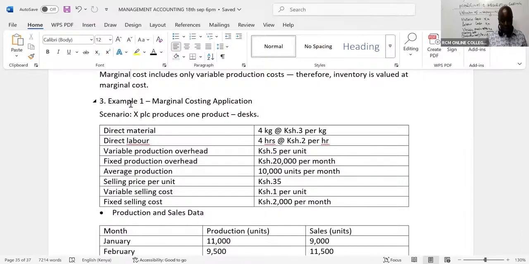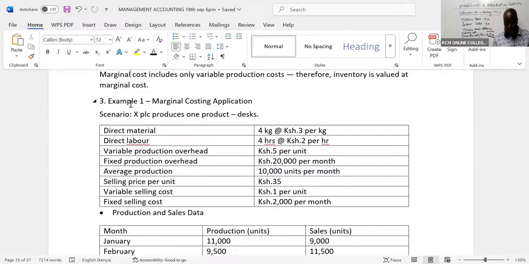XPLC produces one product known as desks. We have direct materials for a desk, 4 kilograms each going for 3 per kilogram. We have direct labor, 4 hours each going for 2 per hour.